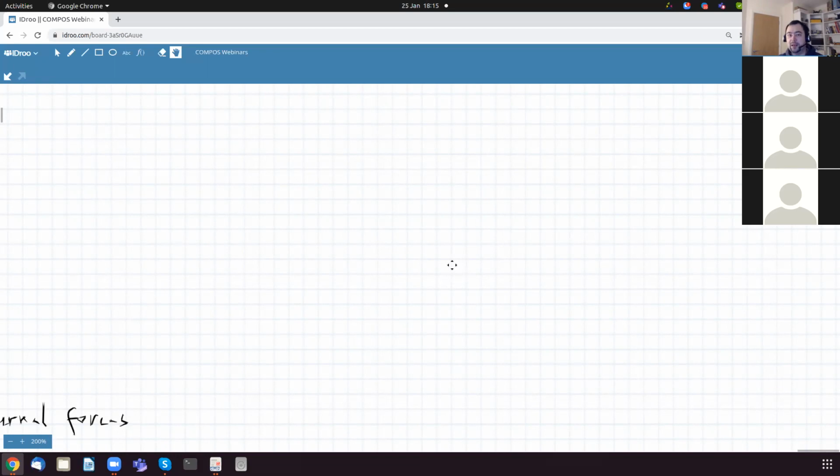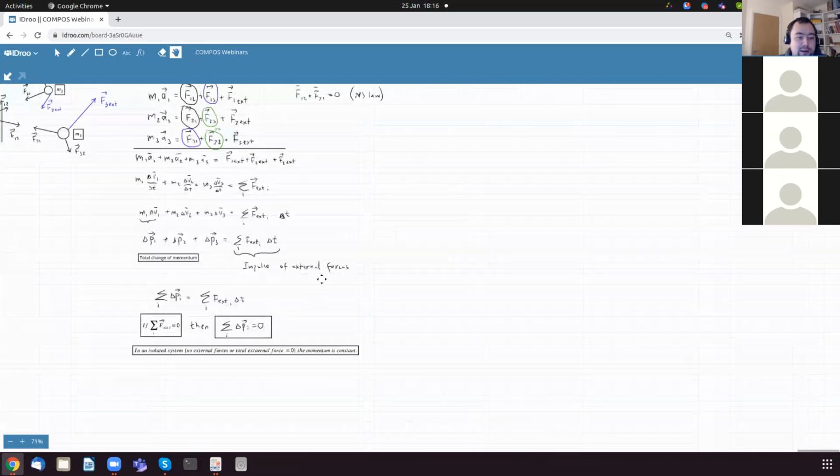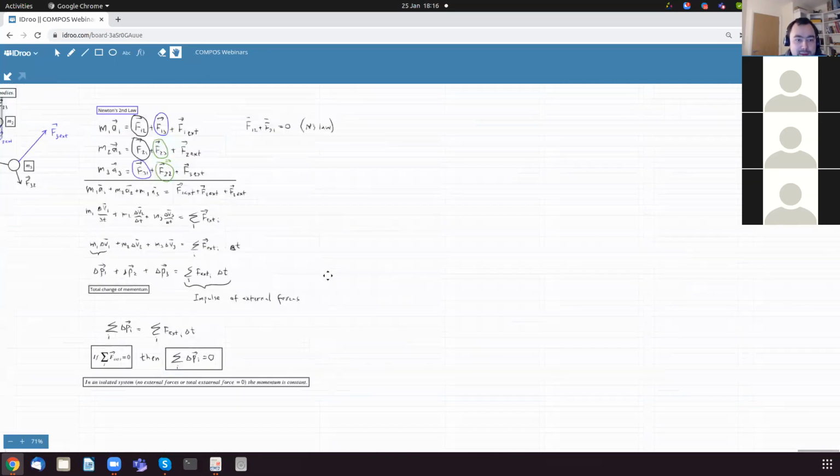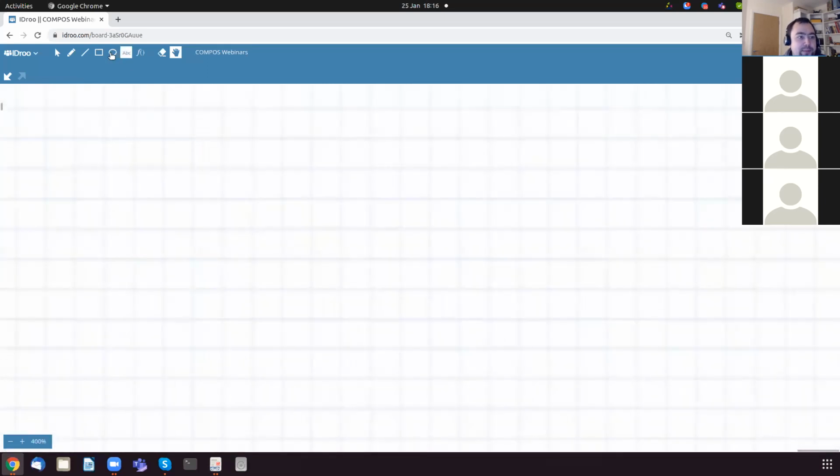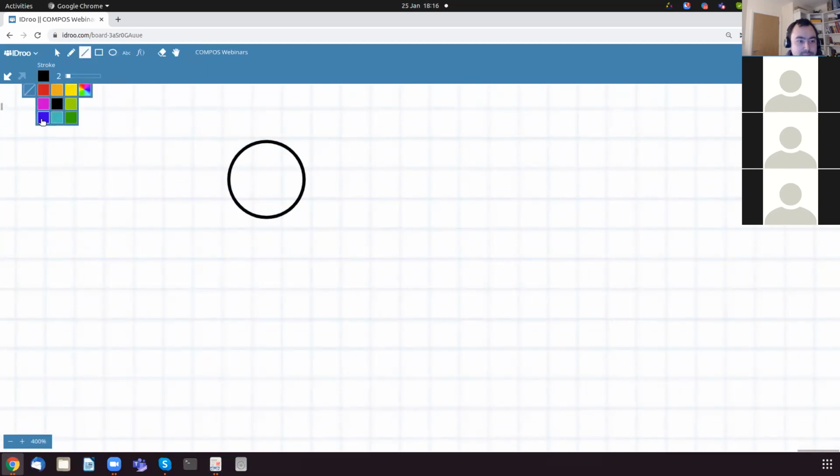Here it is. So we have a ball, and there's a force. Usually it's at an angle.